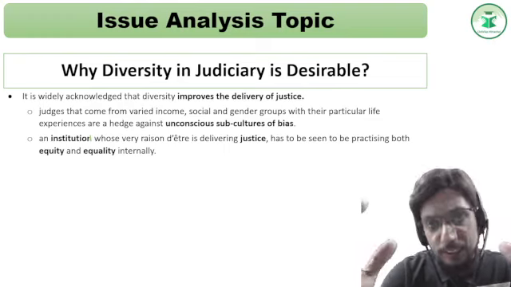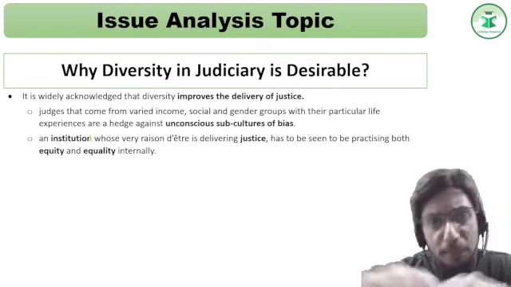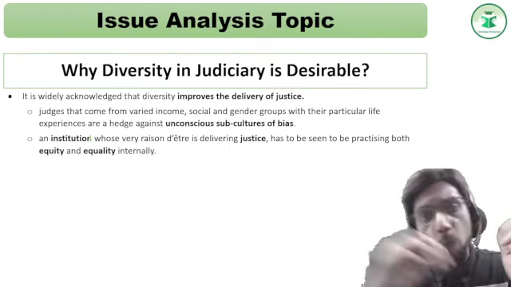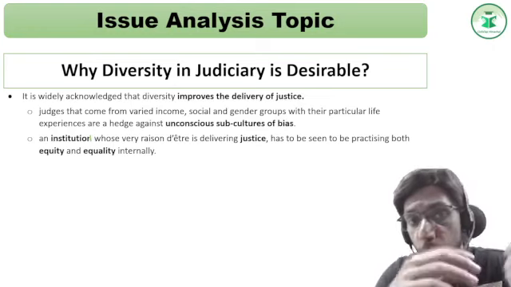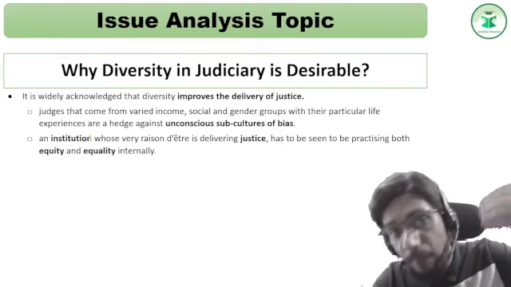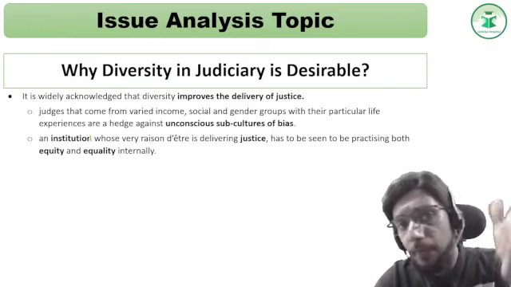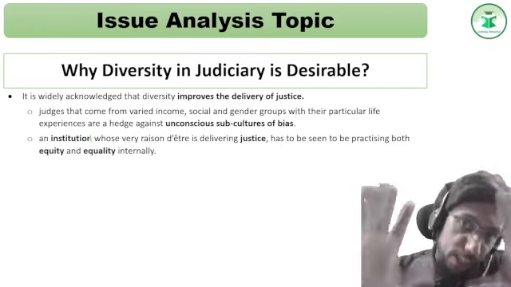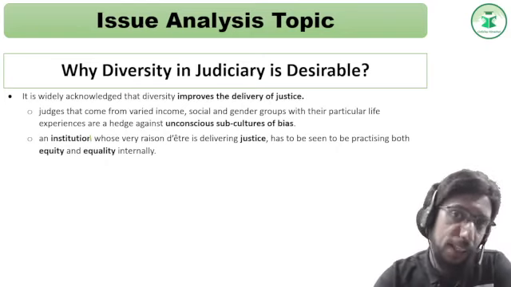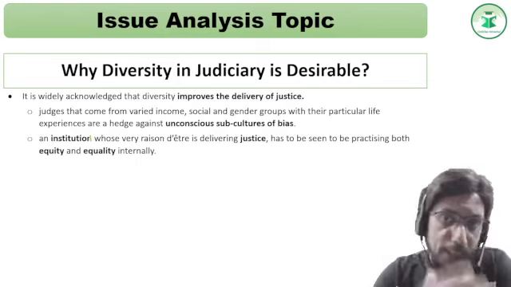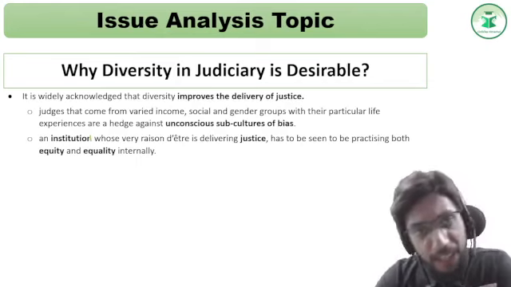Now what happens is that if you are having a similar set of judges, right, who are having a similar set of biases, then they may not be able to really extricate that bias out of their judgment. They may not be able to really identify that, okay, how is it that they are being biased without even realizing that they are being biased, and how is it that it is impacting the judgment in a negative way, let us say.